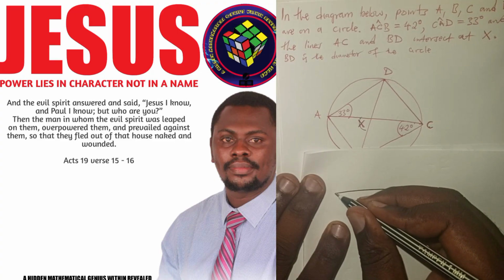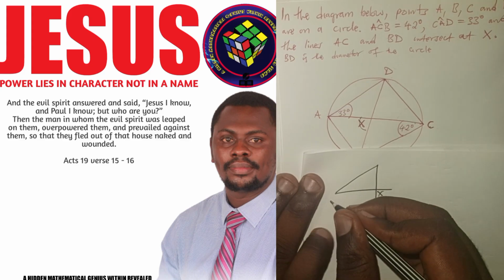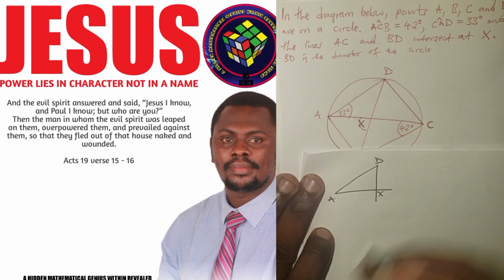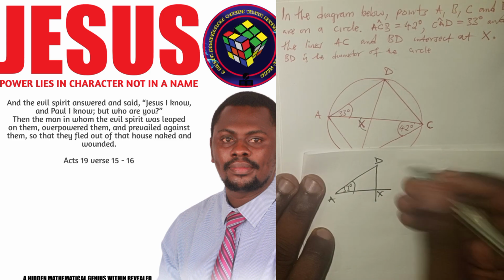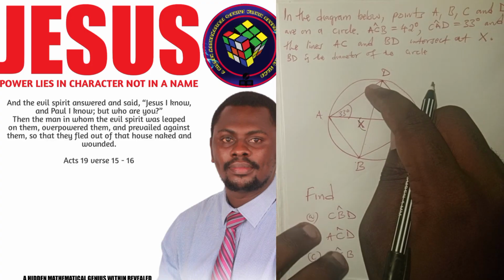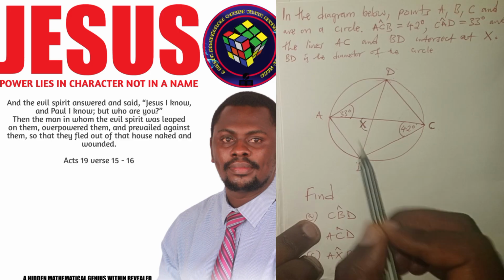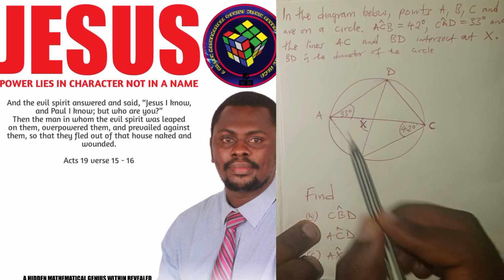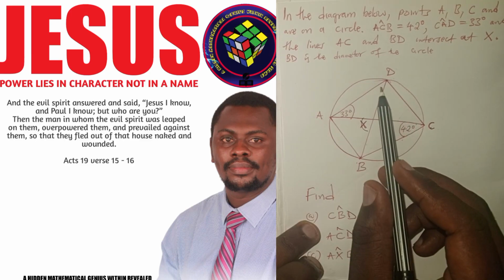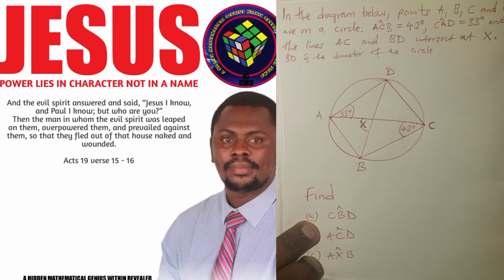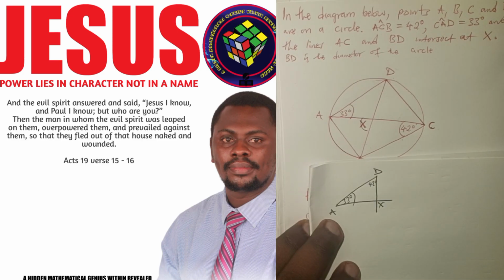We have X there, we have A there, and D there. We have 33 degrees, and this angle at D is produced by the arc AB, and this arc AB has also produced an angle at C, which is 42. So meaning even this angle should be 42. So the angle there is 42 degrees.